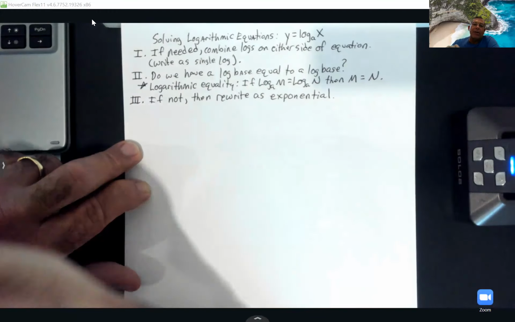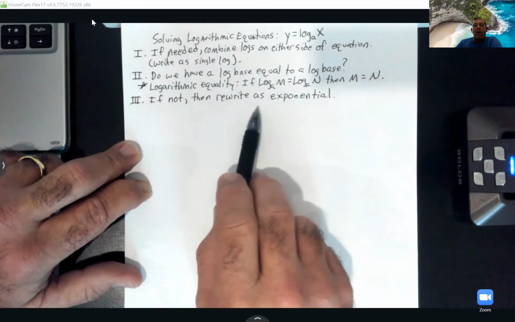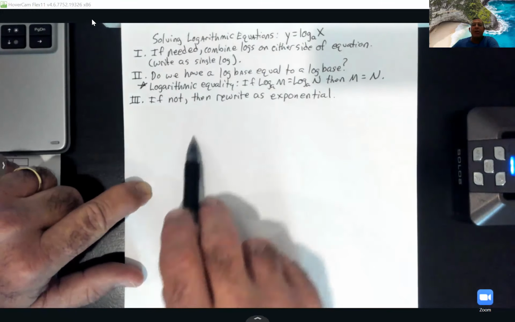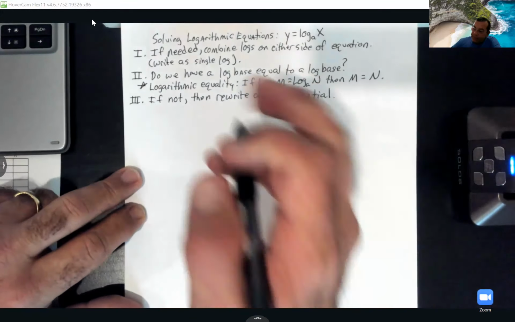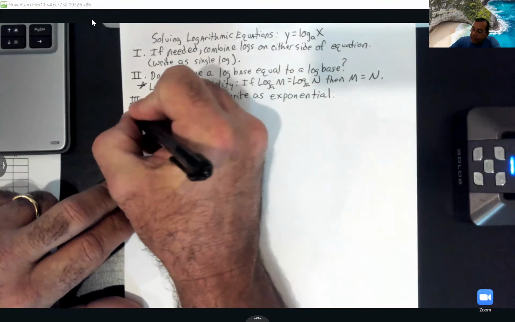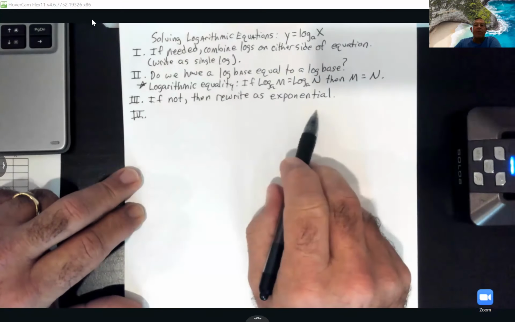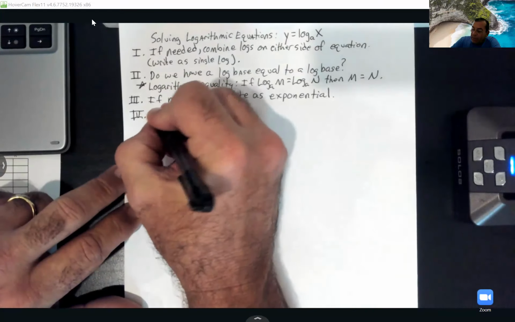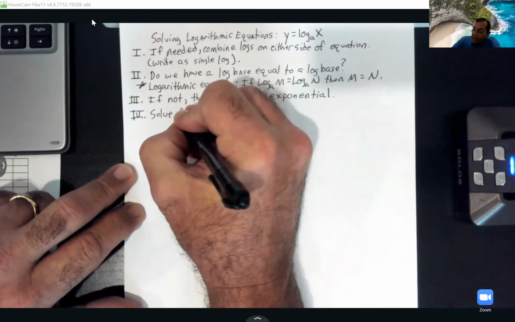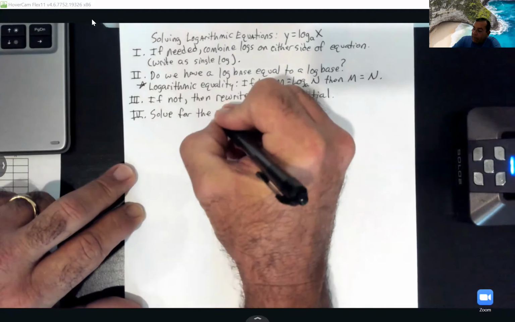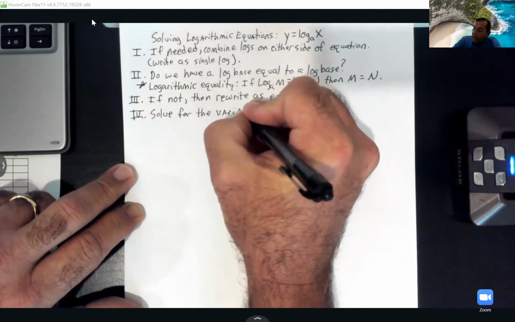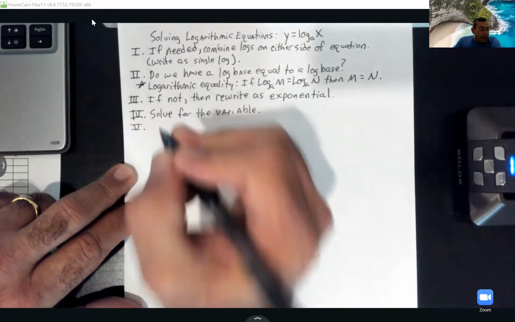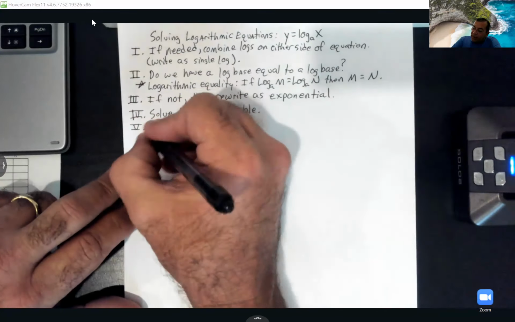So that's why we had to do those exercises where y'all turned the logs into exponential, and then you had some where you did the exponential and turned them into logs. All right, once I've rewritten it as exponential, I'm then going to solve for the variable. And then check those answers if needed.